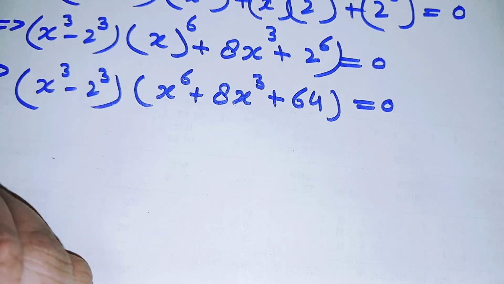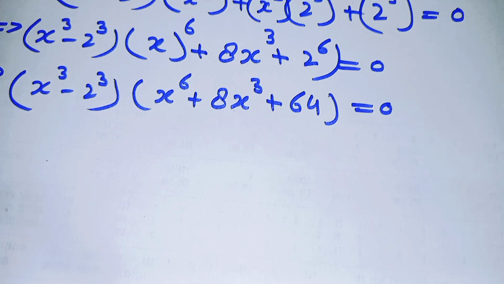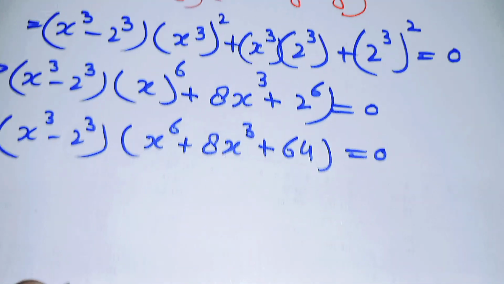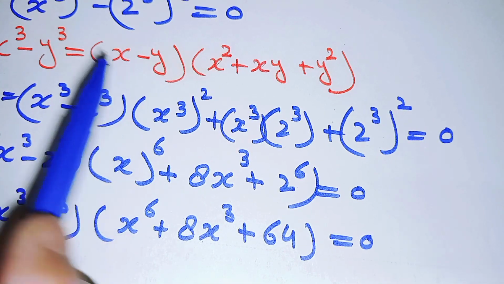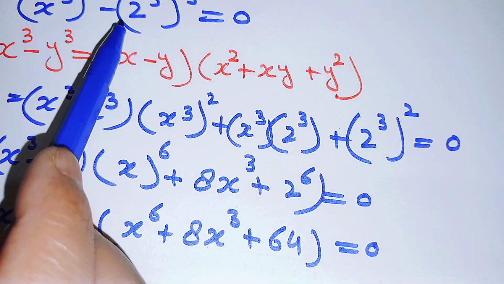So here we can factor it as x minus y, where x is x and y is 2.